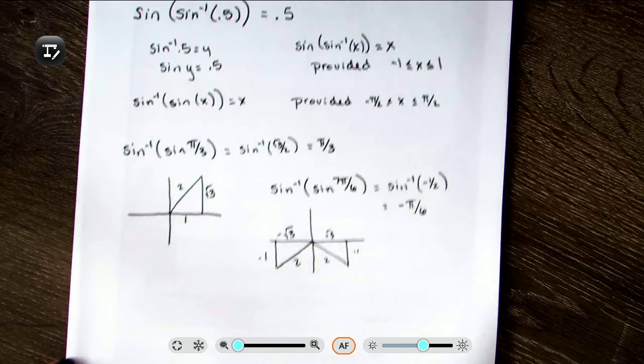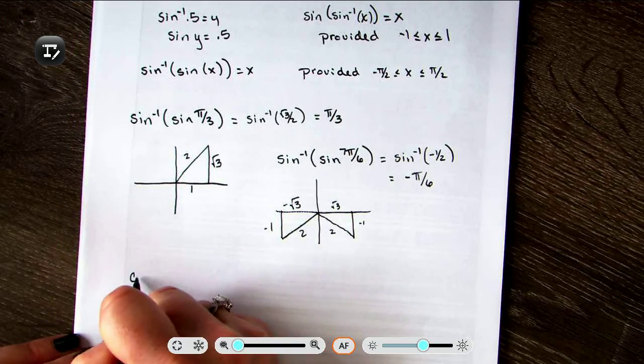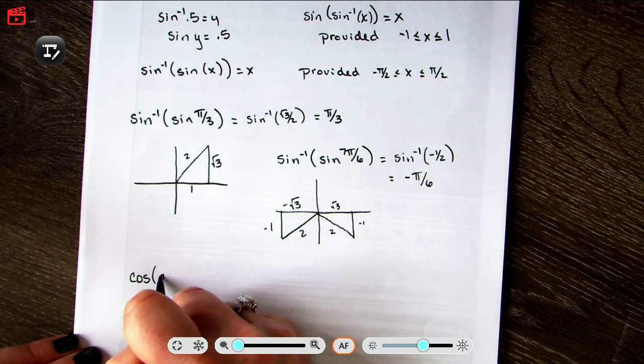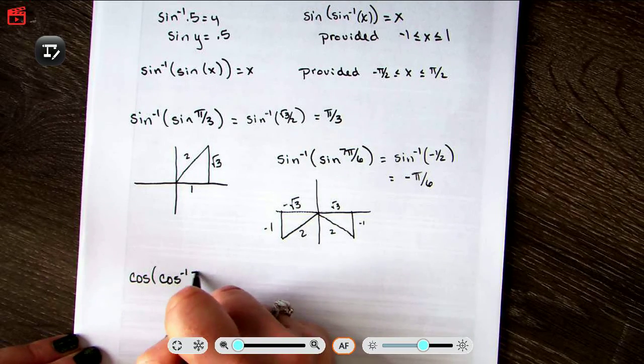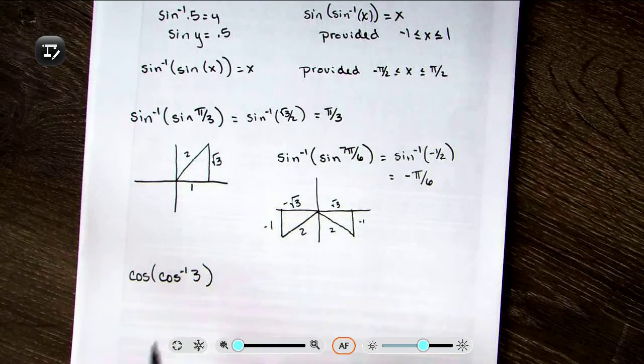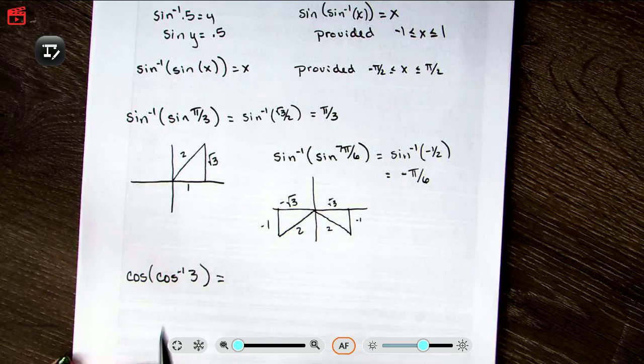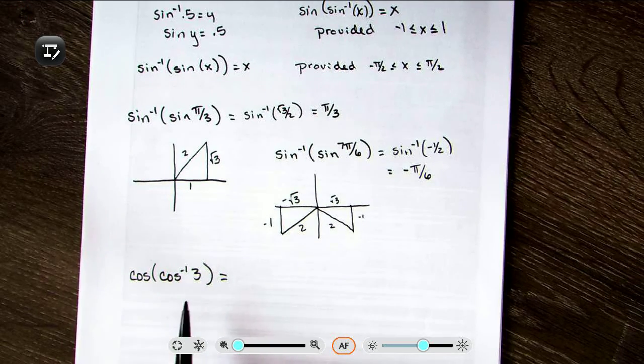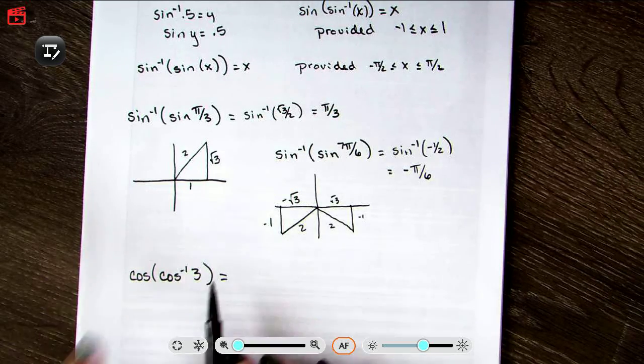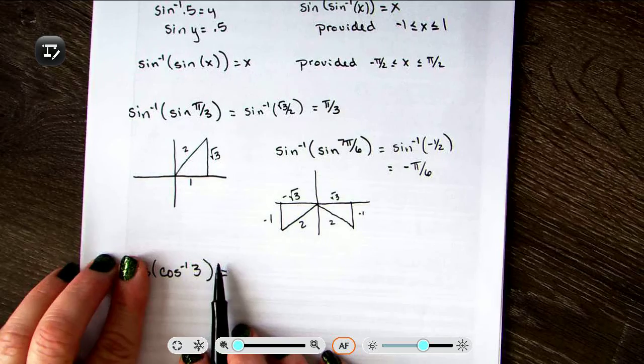Okay, so let's just do some more here. Cosine of an inverse cosine of 3. Again, when we do the regular function of the inverse, it works so much nicer. However, we have to be able to calculate the inside piece first. So we have to be able to calculate the inverse cosine of 3.